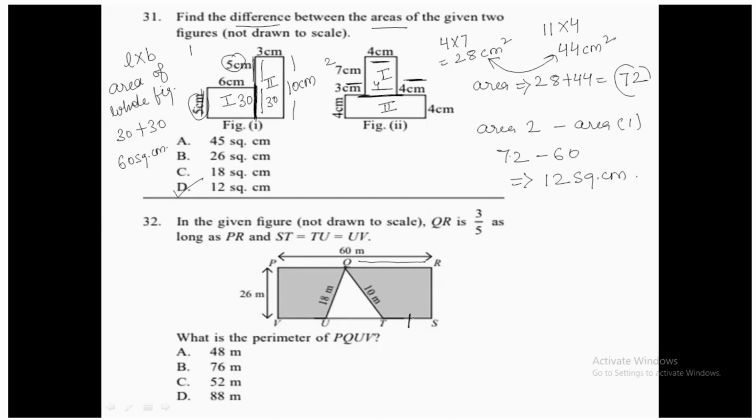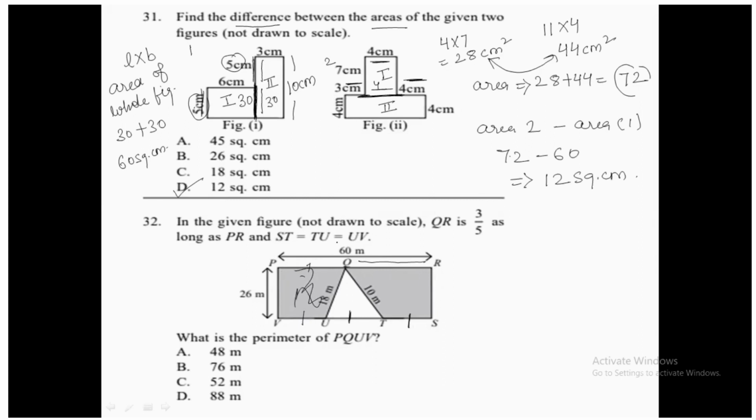ST is here. Okay, that is equal to TU, and that is equal to UV. That is given in the question. Now we need to find the perimeter of PQUV. We need to find the perimeter of this particular figure only.